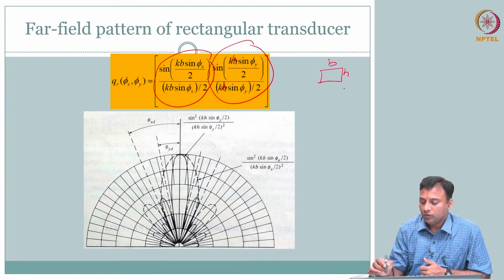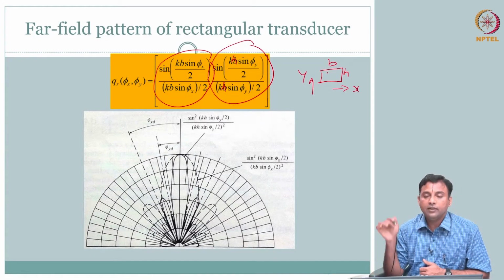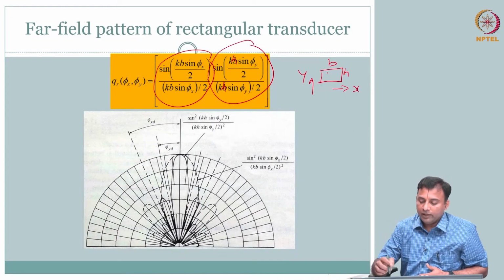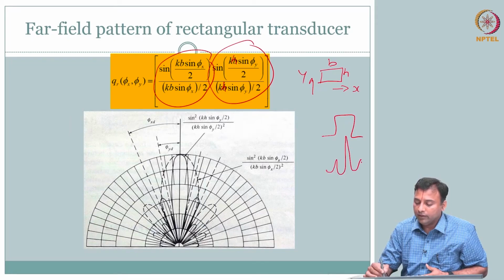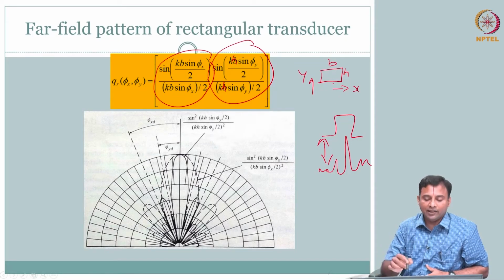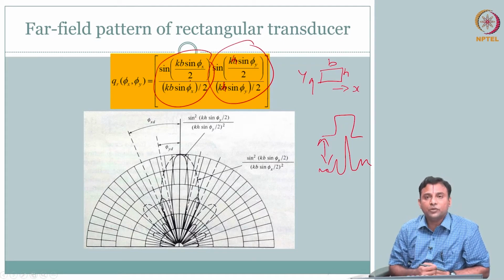This is your x direction, this is your y direction, and z is in and out of the plane, coming in. Clearly, if you have a rect function, sinc is your Fourier transform. So here you can see this as sinc in one direction and sinc in the other direction. I have a rect here, so sinc square.